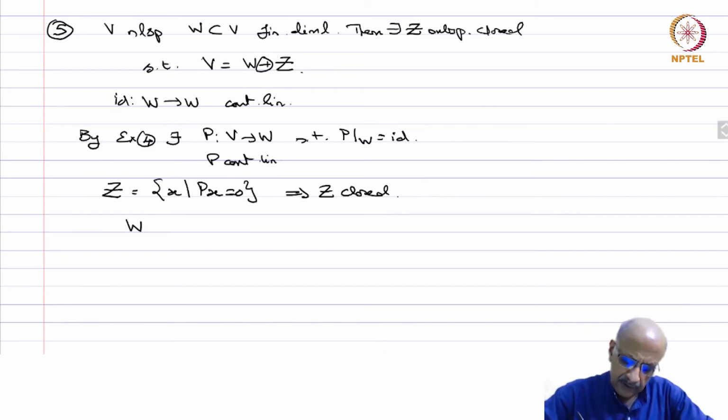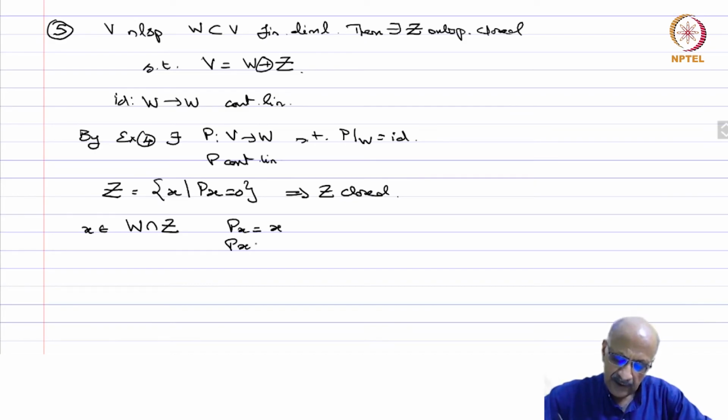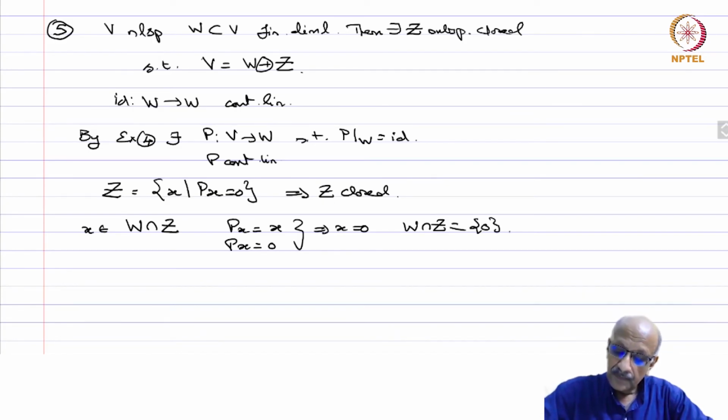What about W intersection Z? Suppose x belongs to W intersection Z, then you have that Px equals x, and you also have that Px, because it's in Z, is equal to 0. So this implies that x equals 0. Therefore W intersection Z is just the singleton 0.